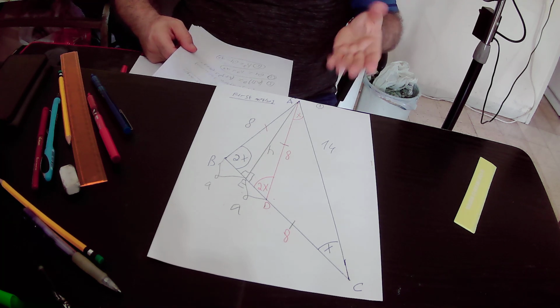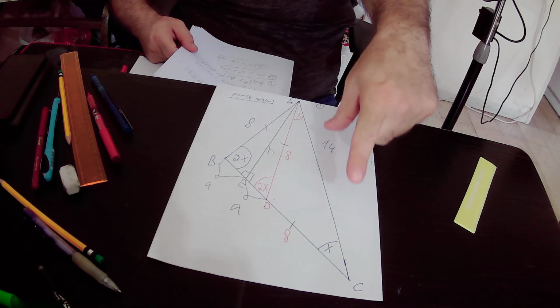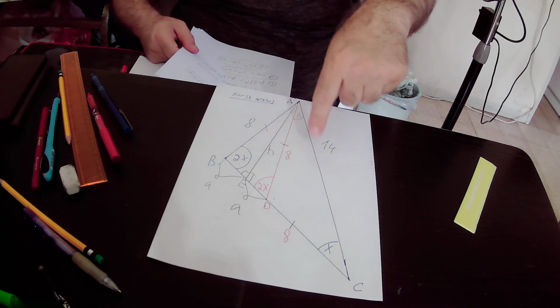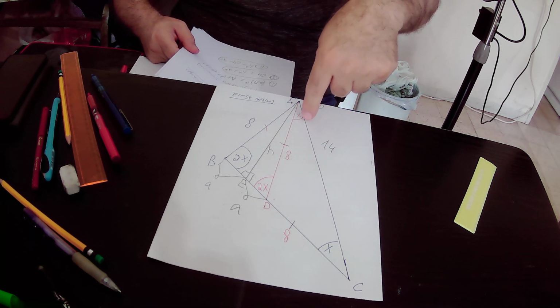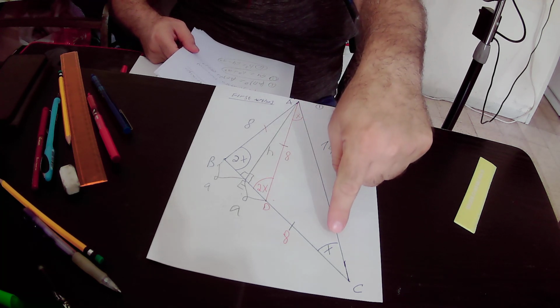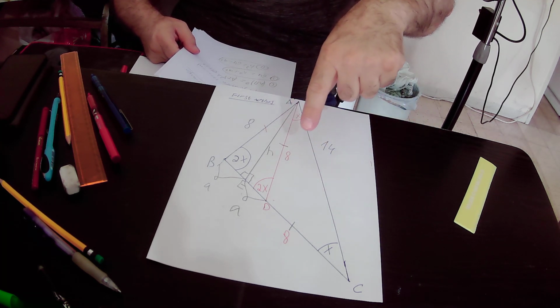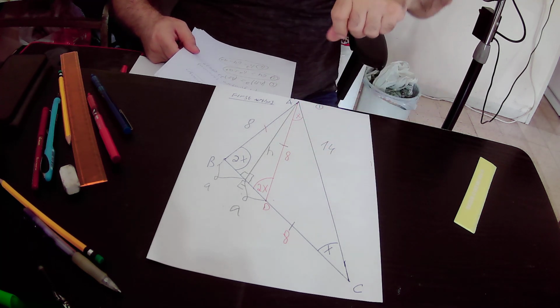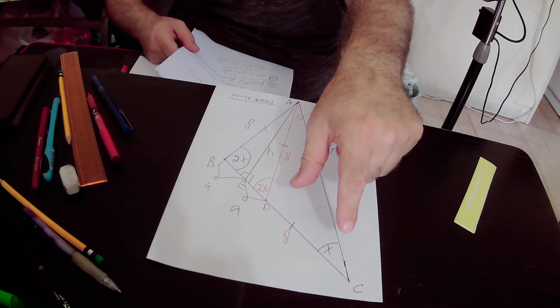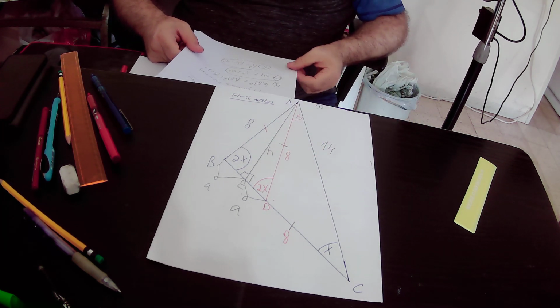Therefore, according to rule number 1, in front of equal angles we have equal sides. So in front of this angle we have DC, and in front of this angle we have AD. So according to rule number 1, AD equals DC. But we know that AD equals 8 units, so DC must also equal 8 units.